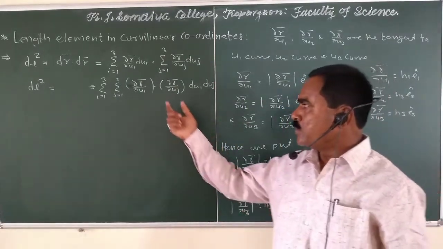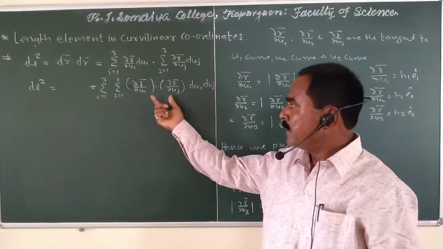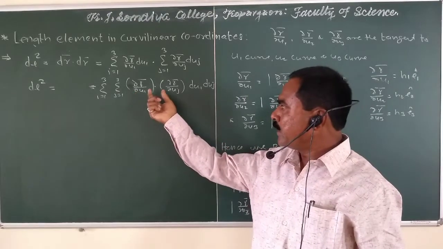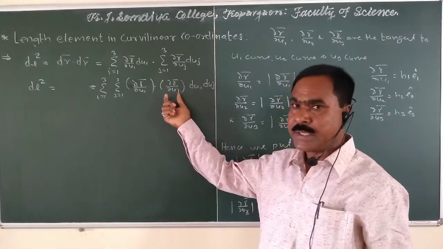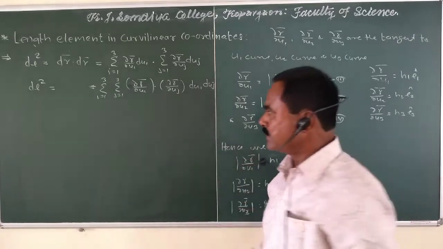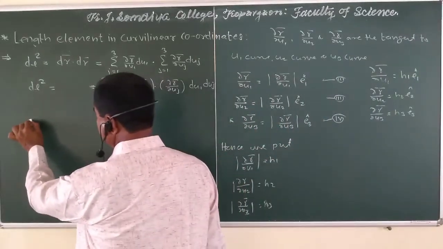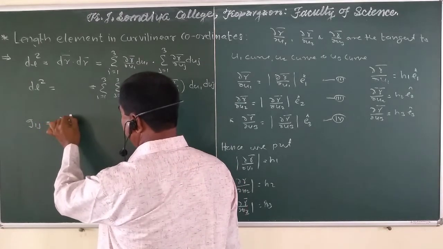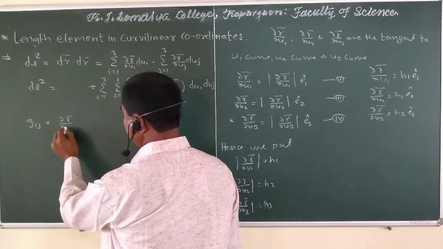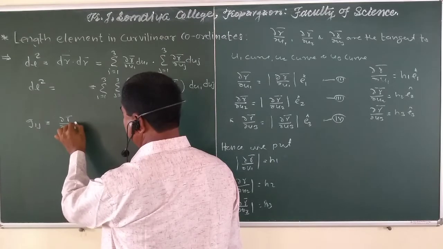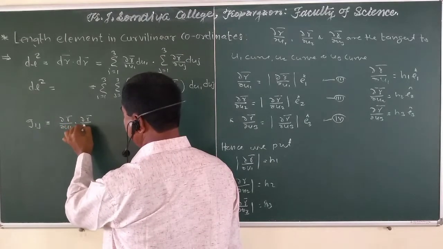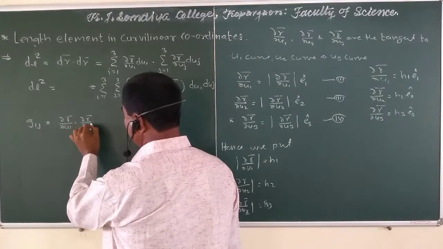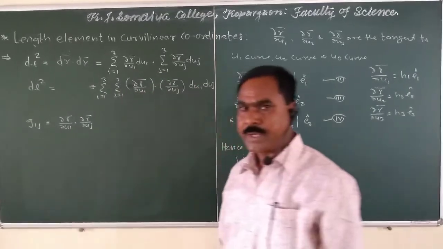Further we substitute ∂r/∂ui · ∂r/∂uj as gij. So right here, gij equals ∂r/∂ui · ∂r/∂uj.